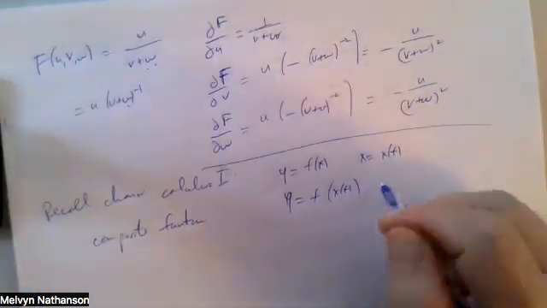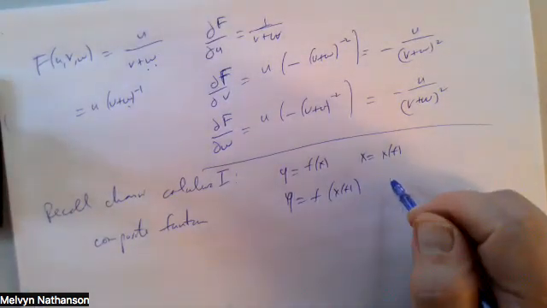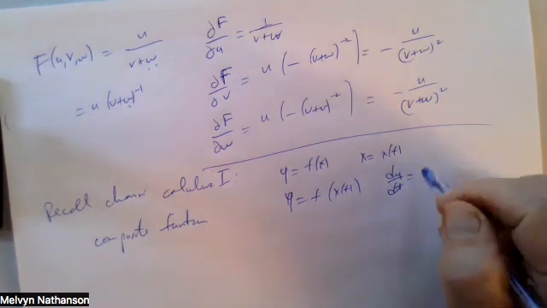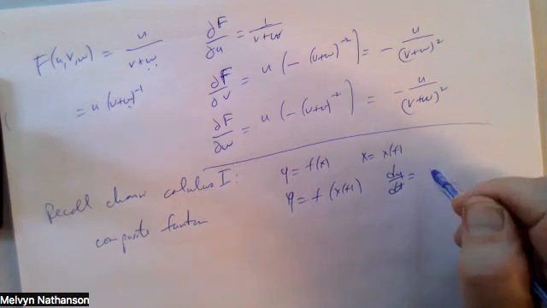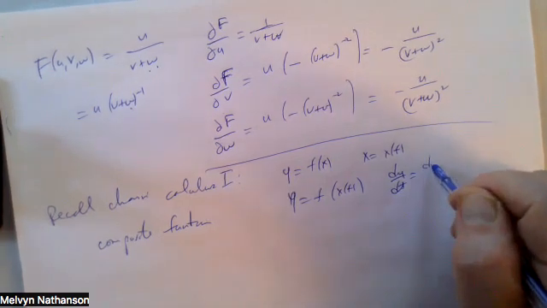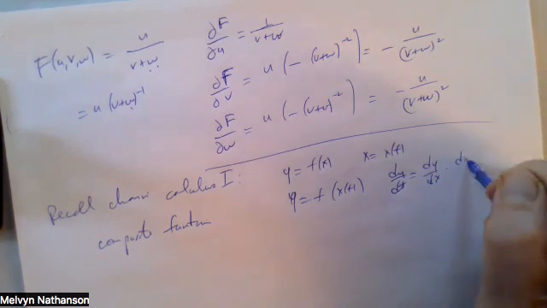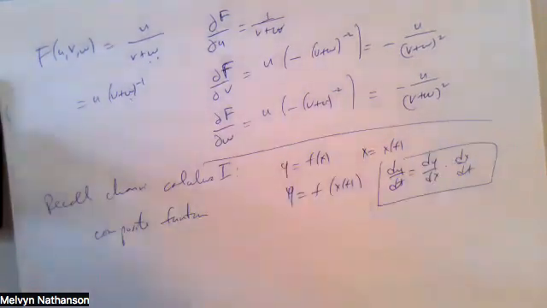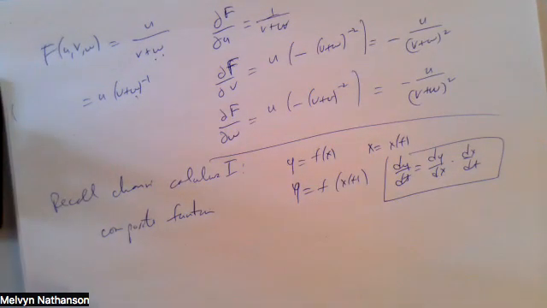And the chain rule tells us that dy dt is the derivative of y, or f, with respect to x times dx dt. Right? That's the chain rule from Calc 1.